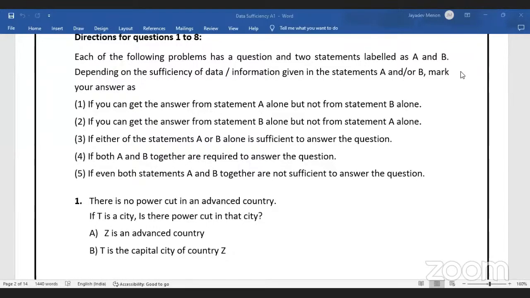Option 2, if you can get the answer from statement B alone, but not from statement A alone. Option 3, if either of the statements A or B alone is sufficient to answer the question. Option 4, if both A and B together are required to answer the question. Option 5, if even both the statements A and B together are not sufficient to answer the question.